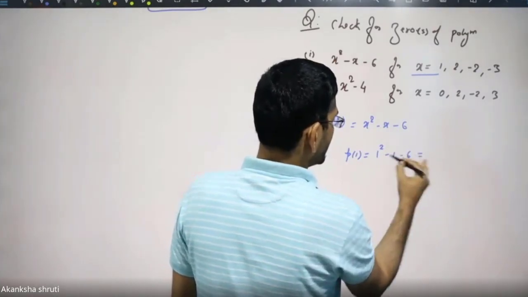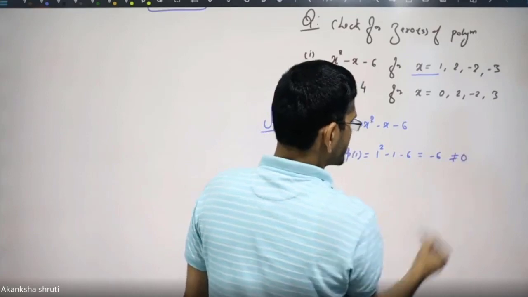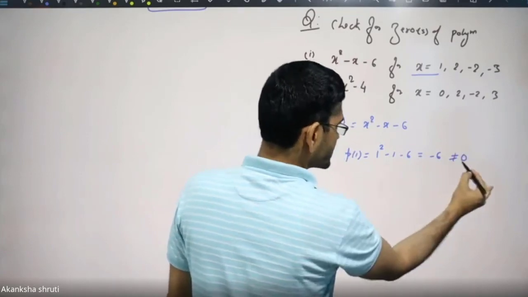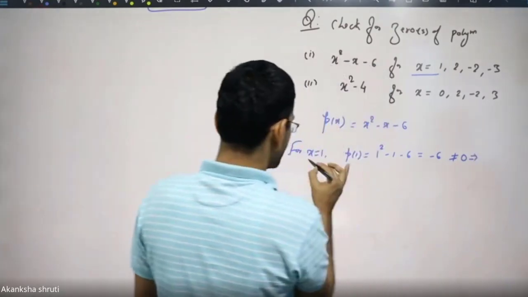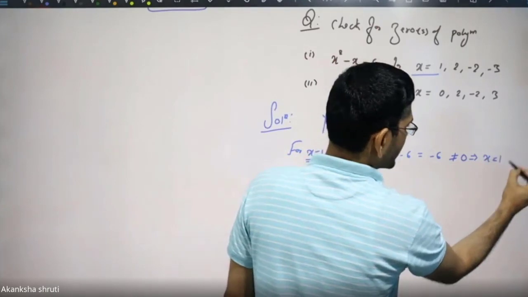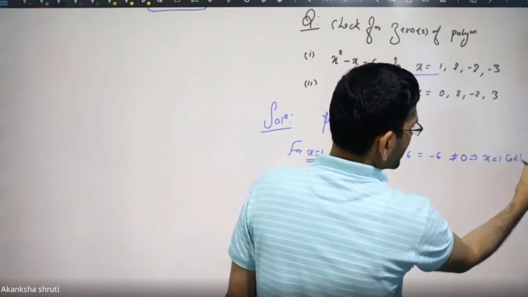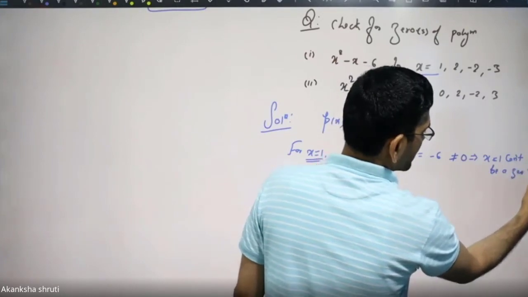Here we are getting 1 minus 1, which is minus 6. This is not equal to 0. So when this is not coming as 0, we can say that x equals 1 cannot be a zero.